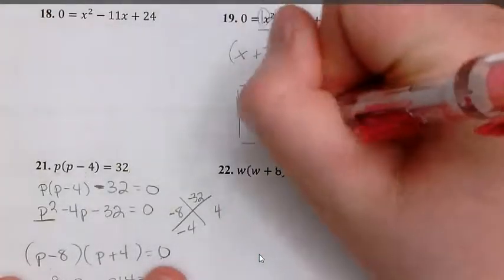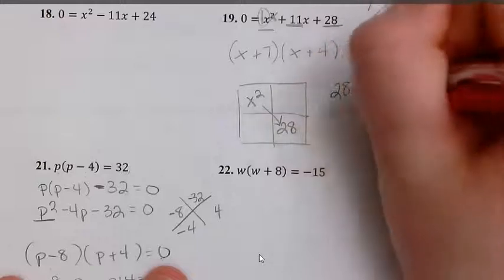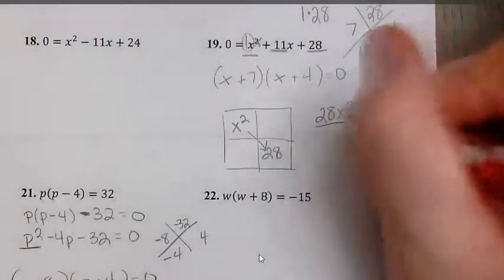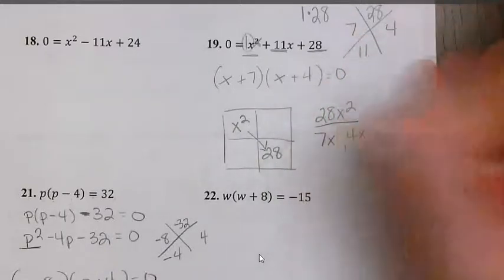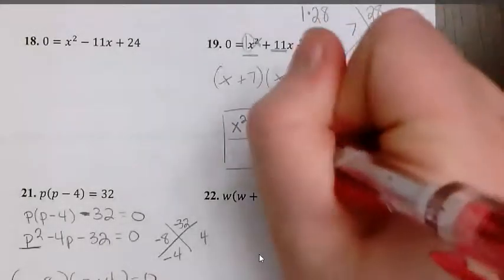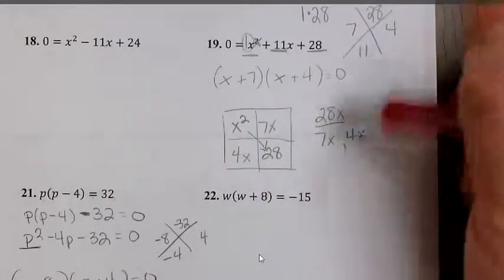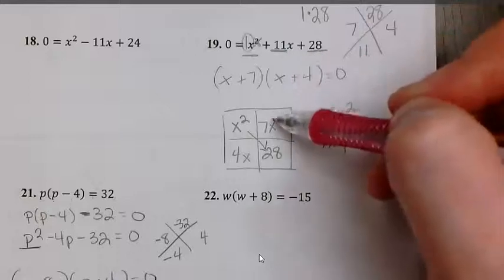When you multiply these two times each other, you get 28x squared. Based on my numbers up here from above, I'm going to use 7x and 4x. And the reason why you want the x's is because in the box you need to have it. Because when you add the terms, you don't just have 7 and 4. We have the x, so in the box method you definitely need to have those two x's.